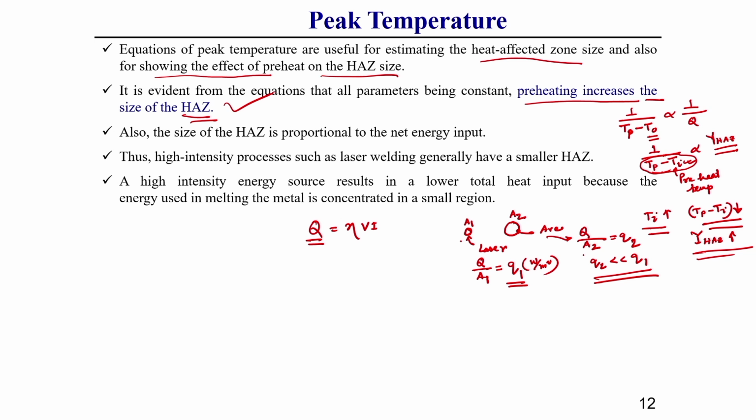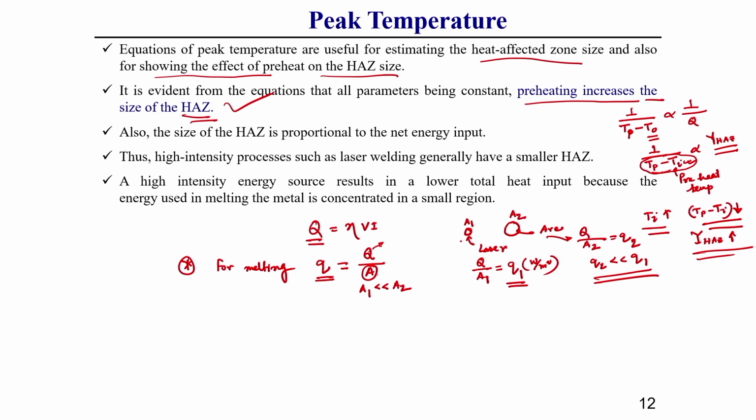Because for melting purposes, you need a certain heat flux value, let us say Q. That Q you can get by capital Q by A. So, for melting this much heat flux is required both for laser welding as well as for arc welding. So, in laser welding A1 is much smaller than A2.